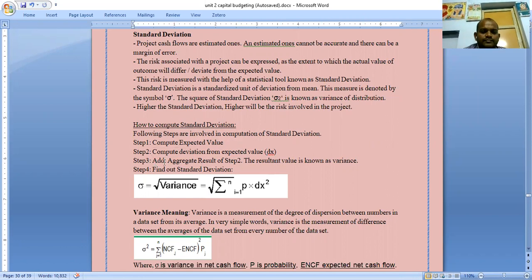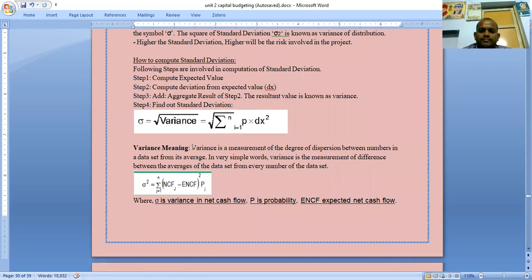Third one, add the aggregate result of step 2. In the sense, we have to add all the aggregate results. The resultant value is known as variance. Find out the standard deviation by using this formula: the root of variance is the standard deviation.